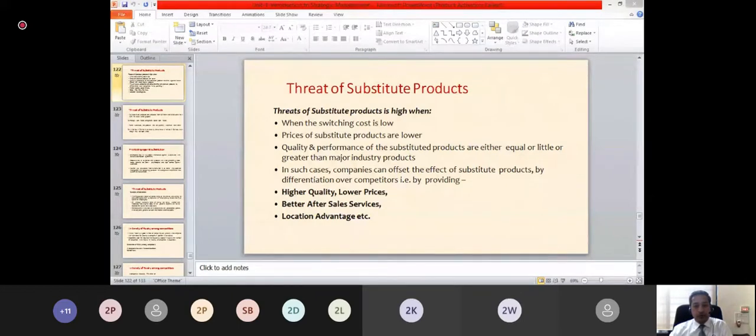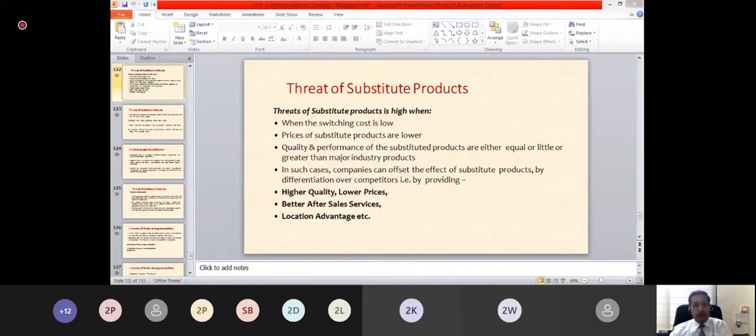We can assure better after-sale services. So that can be differentiation. We can differentiate our product or service by claiming that we provide better after-sale service, or we can provide a location advantage to the customers, being easily accessible to the customers.